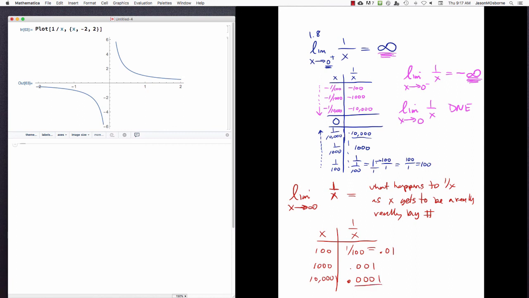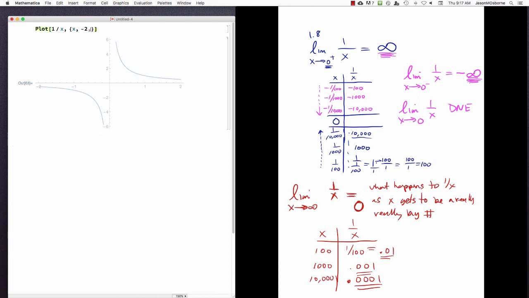These numbers are getting smaller and smaller, and so we're going to say that the limit as x goes to infinity of 1 over x gets closer and closer to 0. That's what we can see in this graph here, as the x values get bigger and bigger, the y values seem to be coming down on the y-axis.